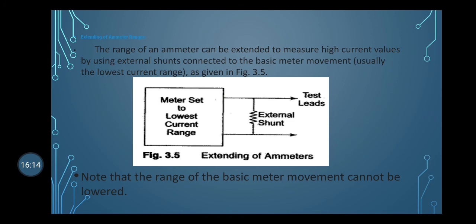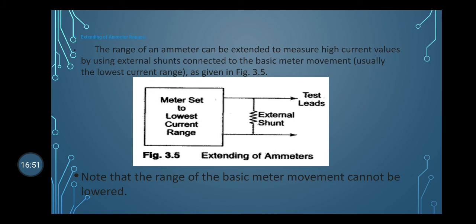Now here is the extending range of the ammeter. For achieving the extension of range of the ammeter, a higher value of current is measured by connecting an external shunt. As shown, the meter should be set at the lowest current range, and at that time an external shunt should be connected across the DC ammeter, and by doing this we can extend the range of the DC ammeter.